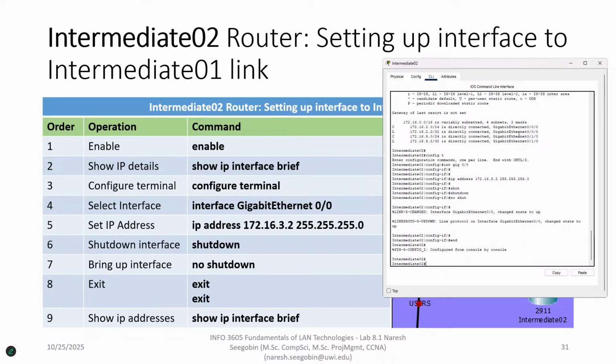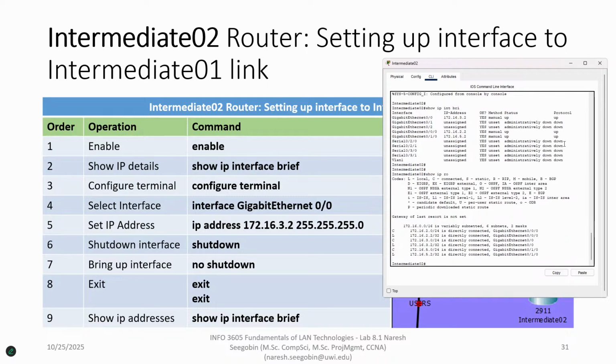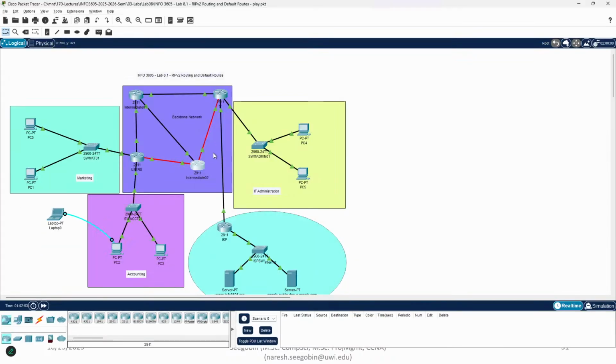Right. Line is up, protocol is up, which is good, right? Show IP interface brief. Show IP route. Three of them all up. We're going to get three interfaces here. And yeah, we're looking good. All green. This is what we want to see.